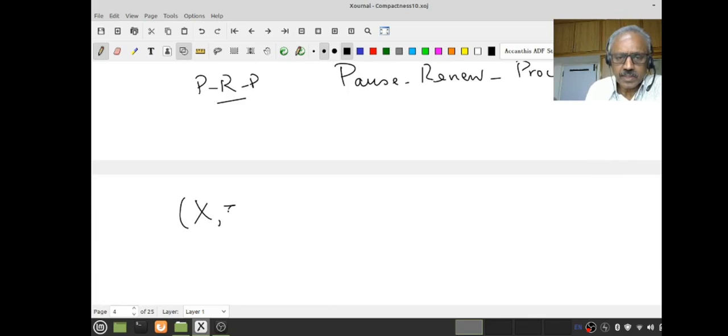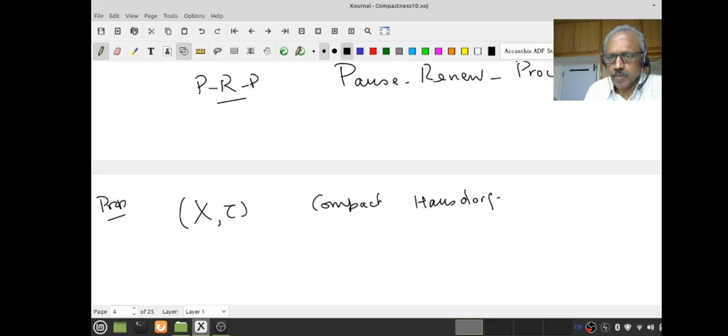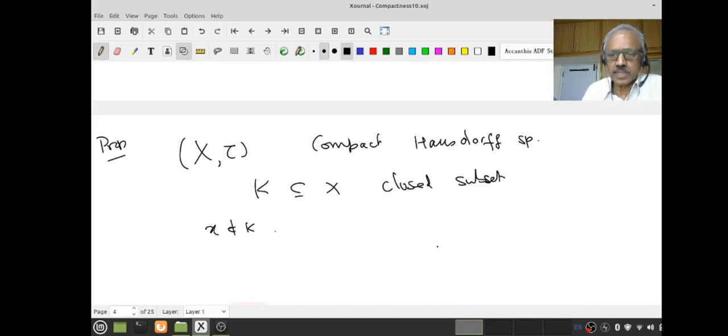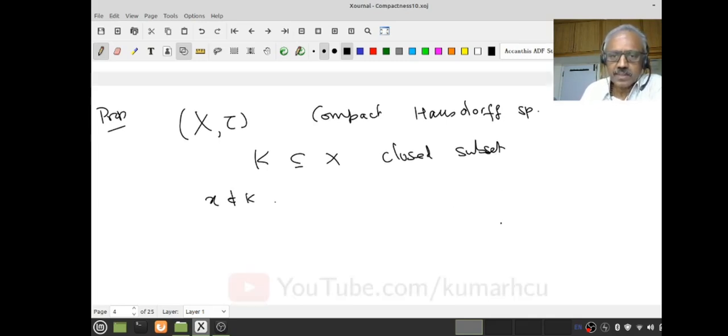Suppose (X, tau), this is a proposition, is a compact Hausdorff space. Now let K be a closed subset and x not in K, x is an element. So the picture is what I have drawn earlier, right?